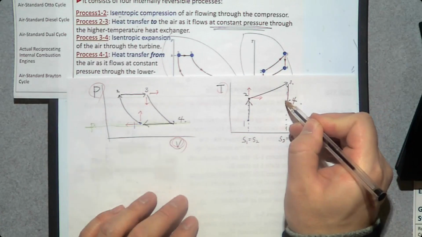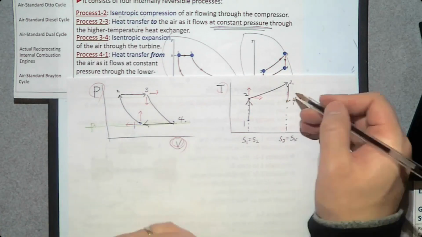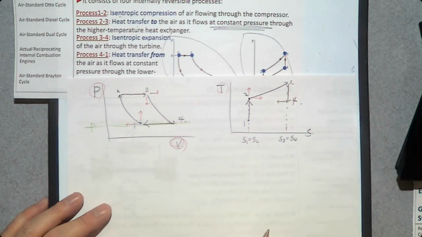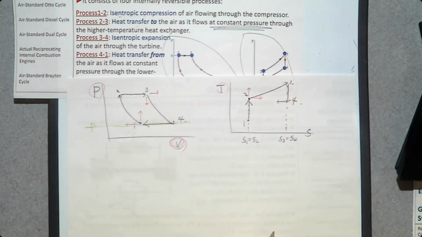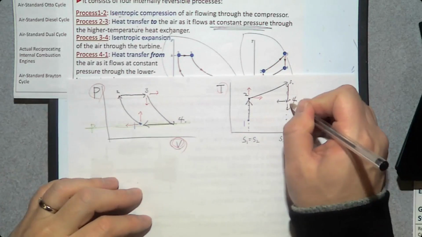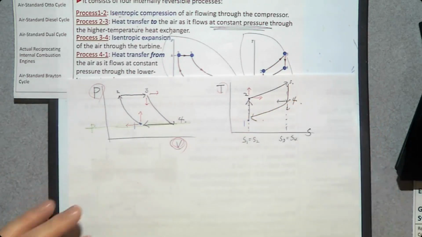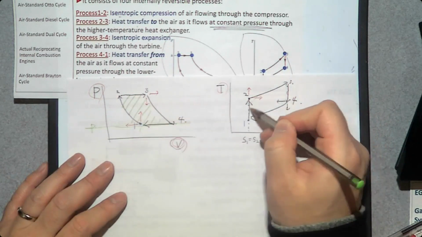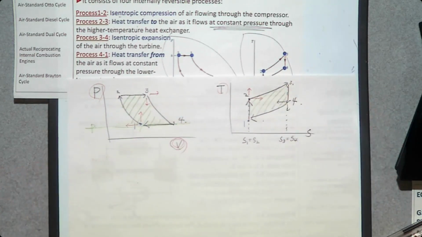Heat is removed. In other words, waste energy is removed. So entropy goes down. And since heat is removed, temperature goes down this way. So here. So the enclosed area represents the net power this one can develop. Okay.